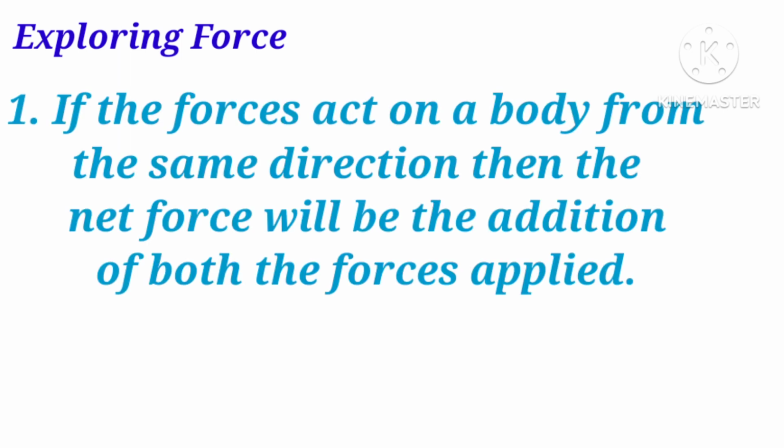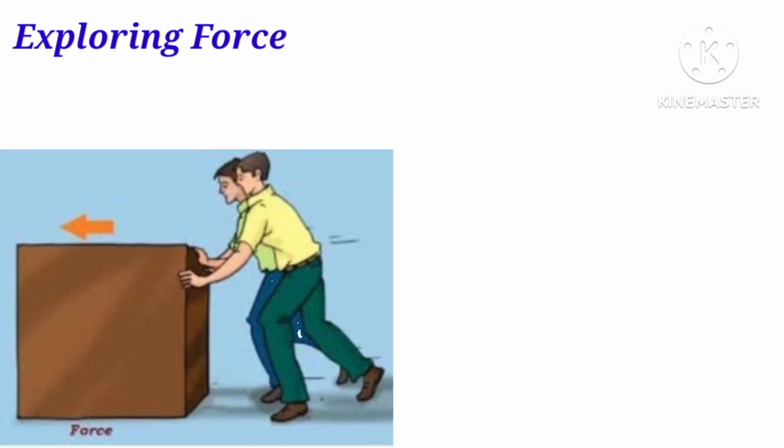If we explore more about the force, then we will also come to know that when the force is applied from the same direction by two or more objects, then this results in the addition of the force applied on a particular object or box. Okay, let's take an example.